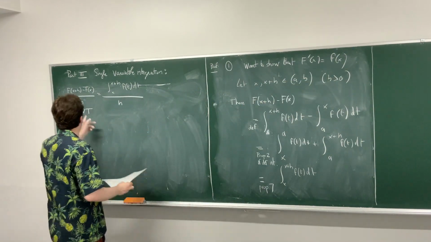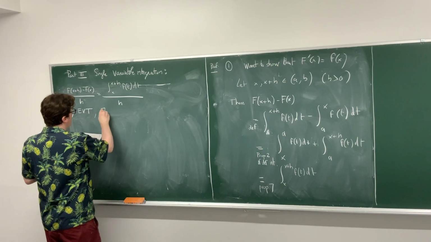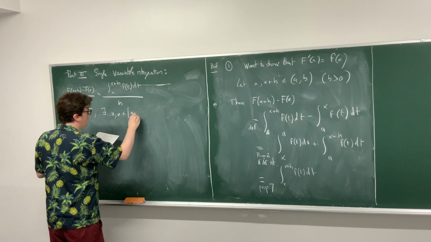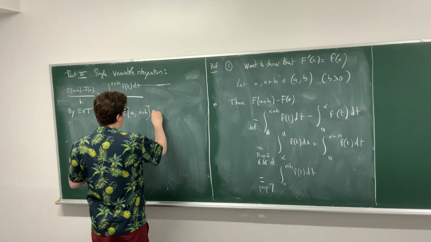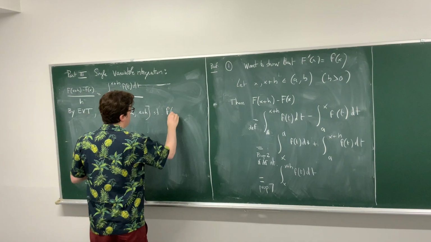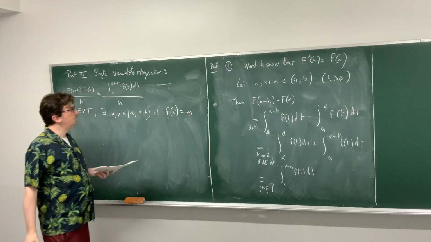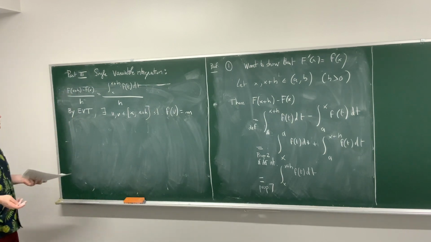So now using the EVT, I know that there exist some u and v in the closed interval x to x plus h, such that f of u will be a global min, okay? So I just know this by continuity, right?